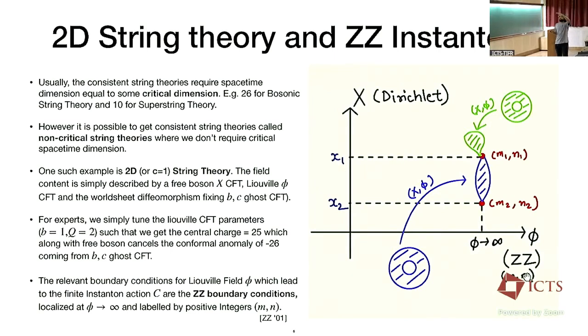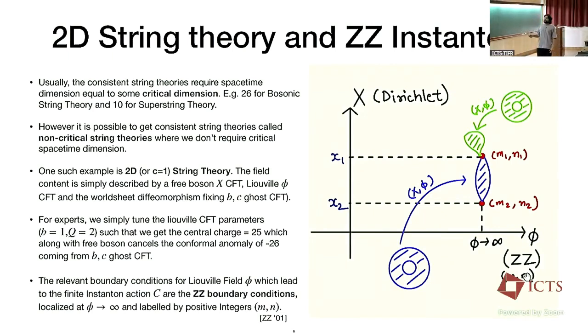So now comes the main point. We will be working in a setting of 2D string theory, and the analog of D-instantons here will be ZZ-instantons, as I will explain. Usually in consistent string theory, you must have heard that we need 26 dimensions or 10 dimensions. However, it's still possible to get consistent string theories, called non-critical string theories, where we don't require this critical number of free bosons or space-time directions.